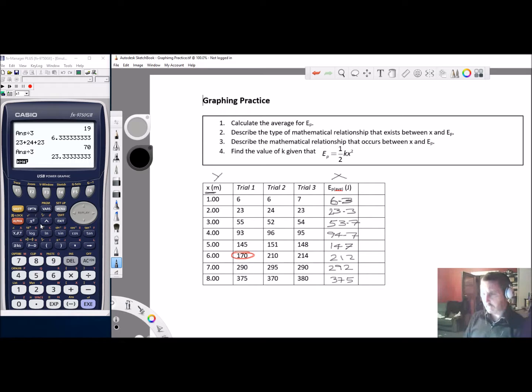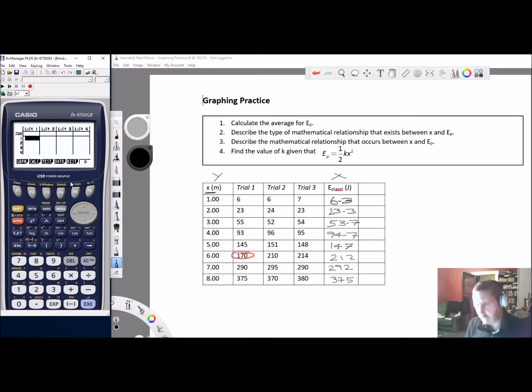What I'm going to do now is enter these values into my graphics calculator. So the first button we're going to press here is our menu button, and we're going to click on 2, so we go into stats and we can enter our data into this table.